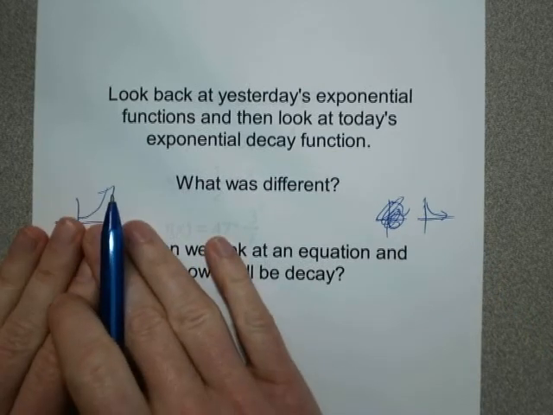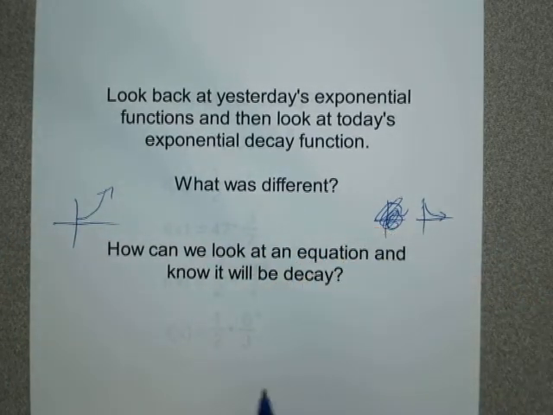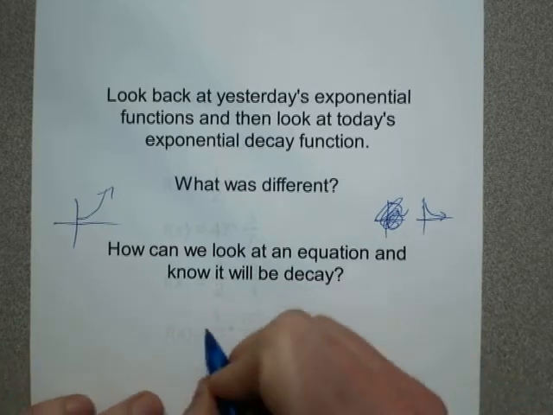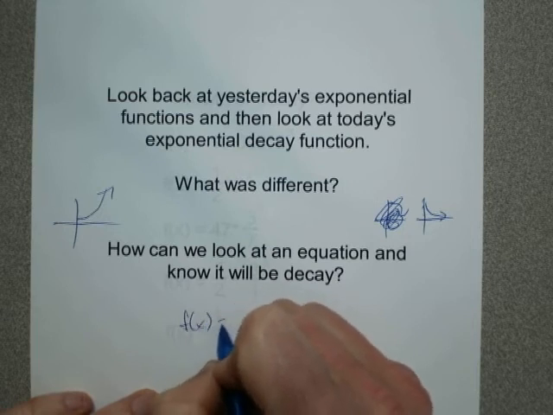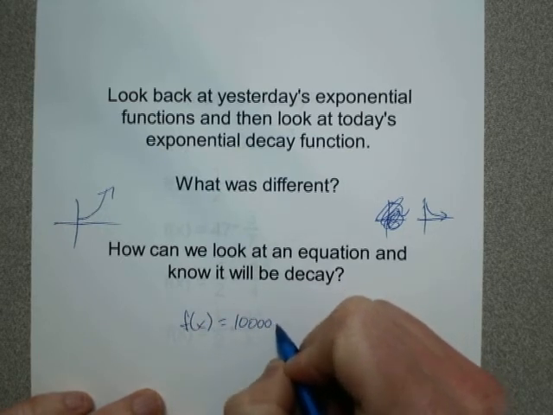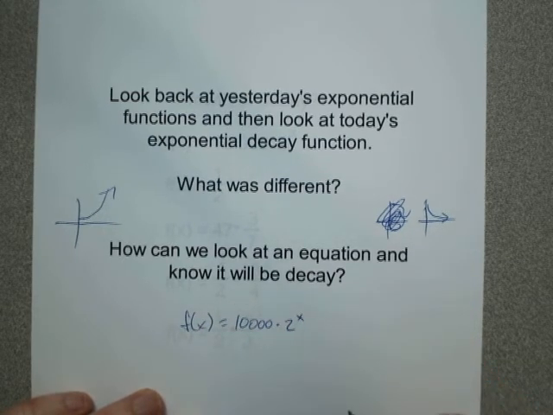Here, the values are going up. Here, the values are going down. And the question becomes, can I just look at the equation and know that it's going to be decay? So if we think about some of our equations from yesterday. So yesterday we had f of x equals 10,000 times 2 to the power of x.